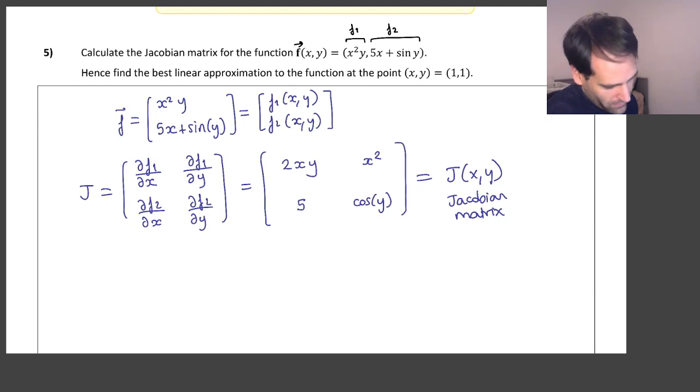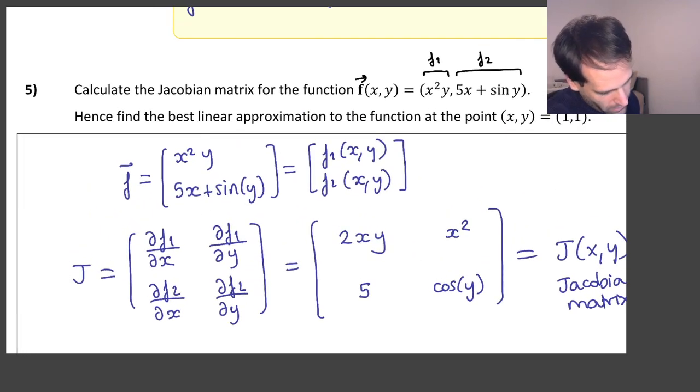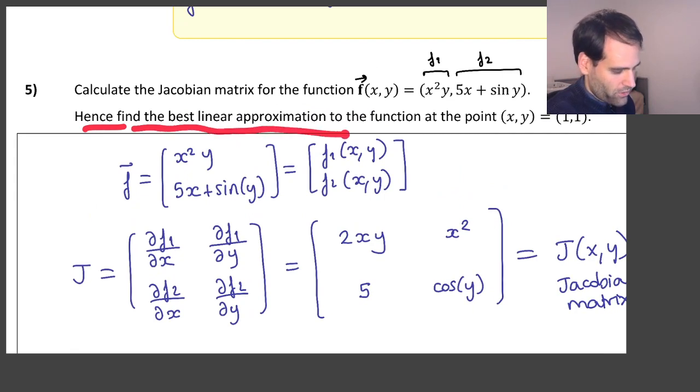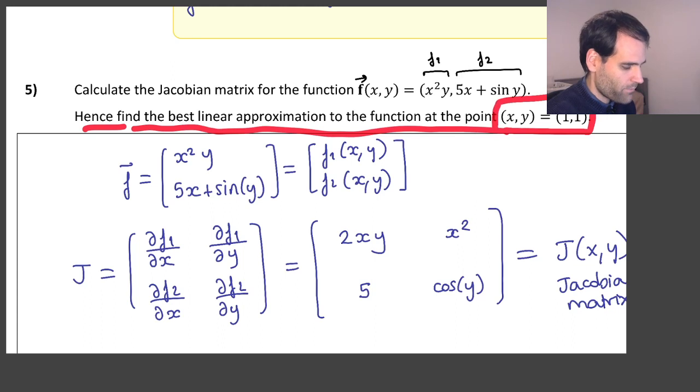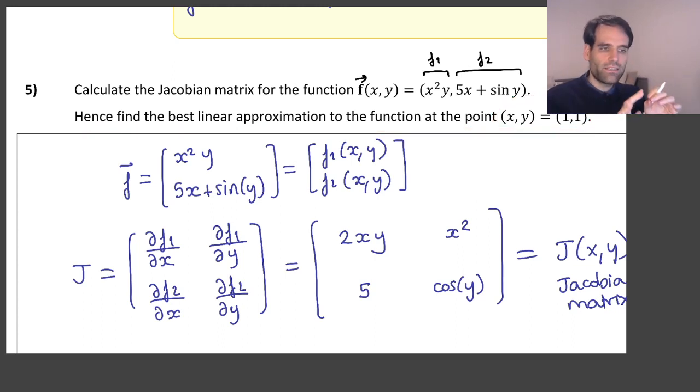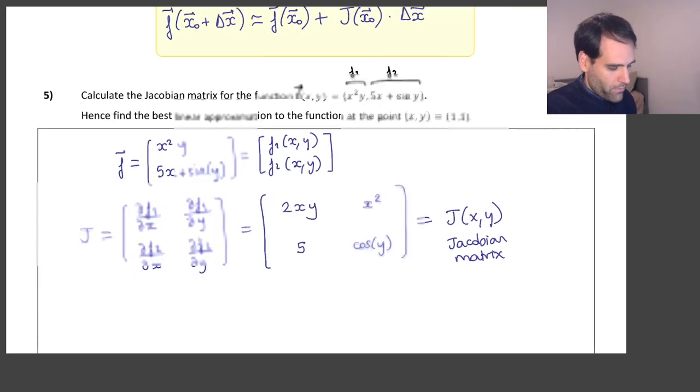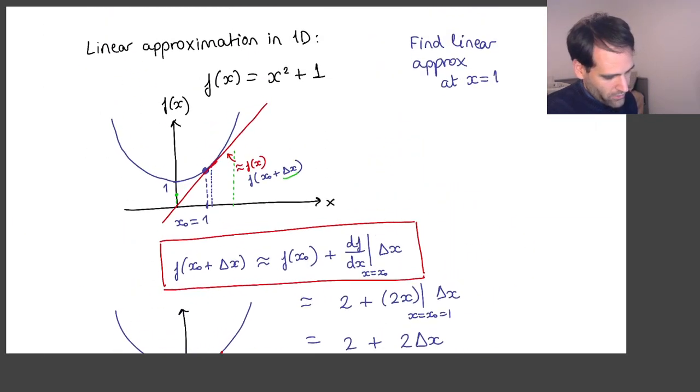The next part of the question is, having found the Jacobian matrix, hence find the best linear approximation to the function at the point x, y equals 1, 1. So that's going to be the point at which we calculate this linear approximation. Remember, by comparison with what we did in one dimension, where we chose a point onto which we fitted this tangent line, now our point is not only on x, but on x and y.